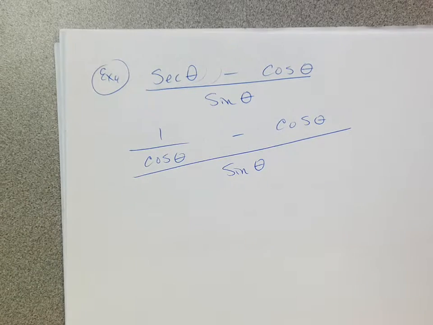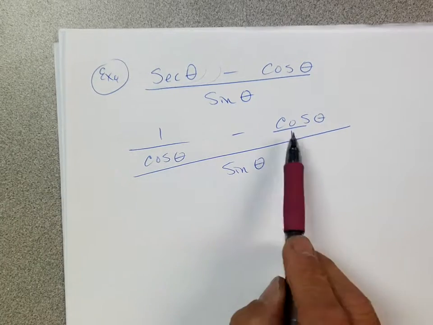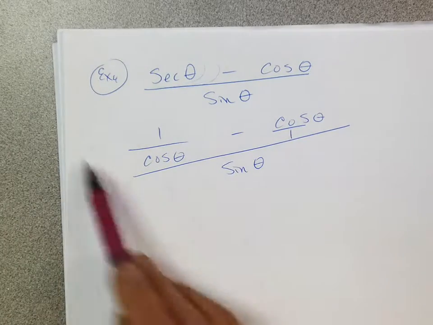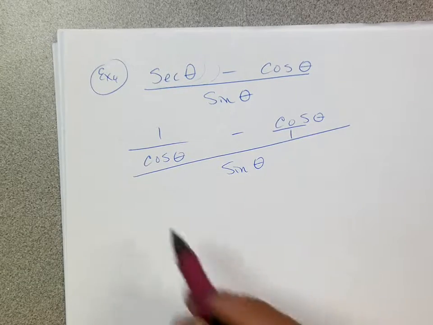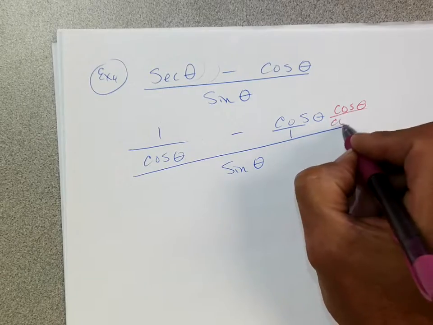So I've got 1 over cosine minus cosine over sine. Well, that seems like kind of a mess, but I see a fraction coming. So I'll make that cosine over 1. Just like on the previous example, I'm going to need a common denominator. This has a cosine theta, and this does not. So I'm just going to take care of the top part of this compound fraction. I'll multiply this by cosine theta over cosine theta.